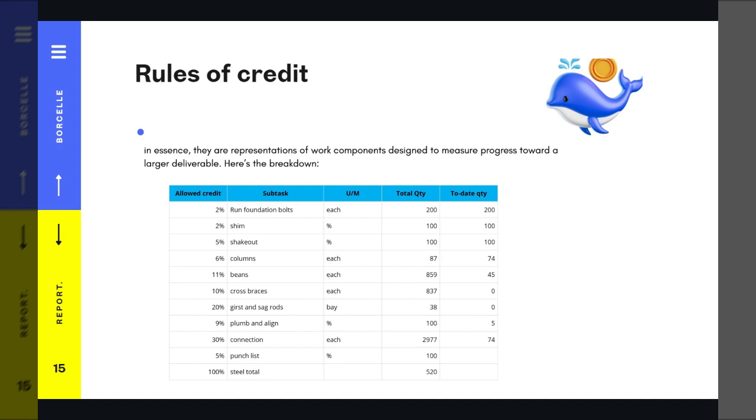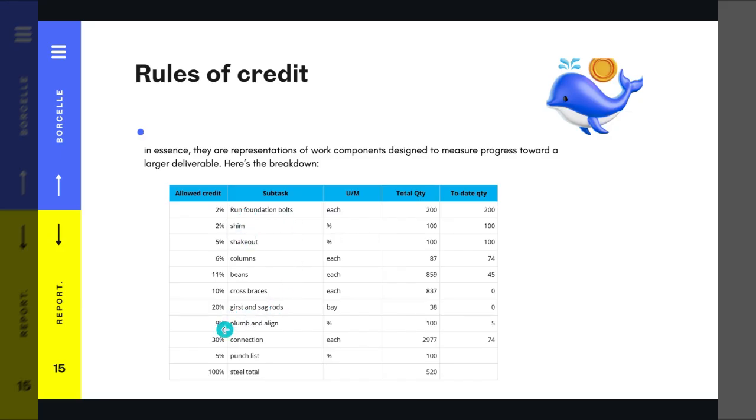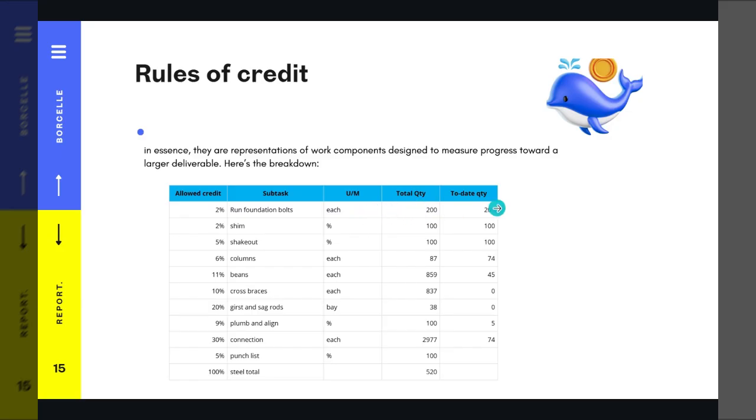So we break this down into different components, such as foundations, connections, and we give a percentage to each of these components. And then we progress these components by quantity, and then we got the total quantity of those components and the today quantity. So how many tons of steel have we earned? That's what rules of credit are helpful for.